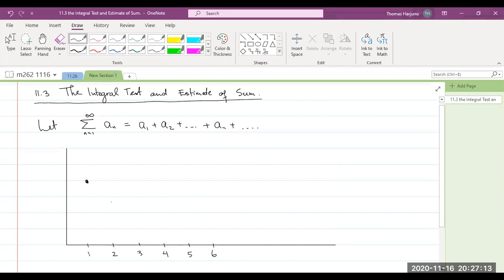A sub 1, a sub 2, a sub 3, a sub 4, a sub 5, a sub 6, and on. Now, the total sum of a sub 1, a sub 2, a sub 3, and on can be seen as the sum of the following rectangles.